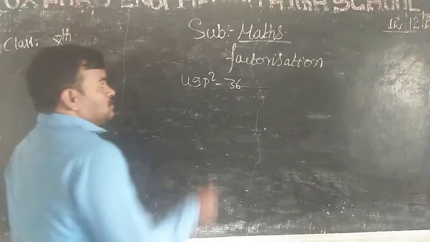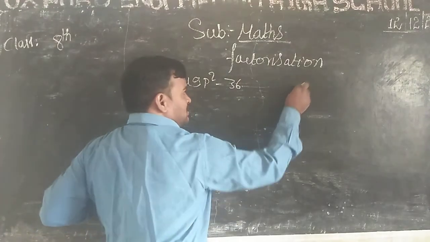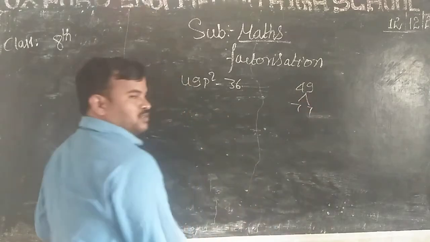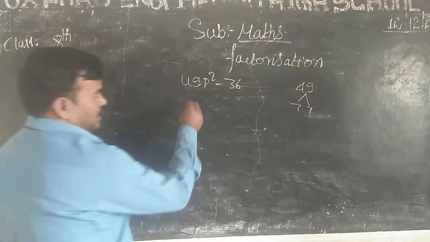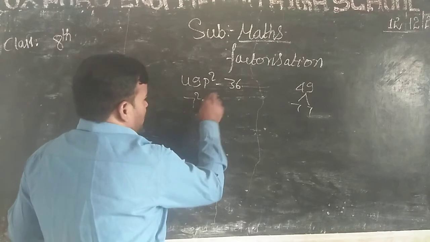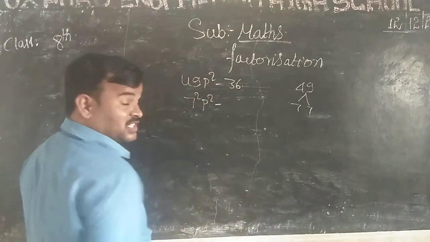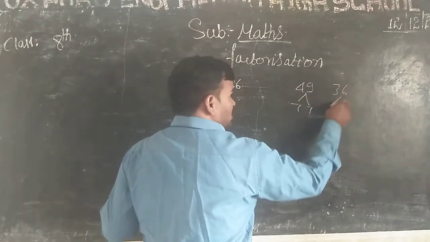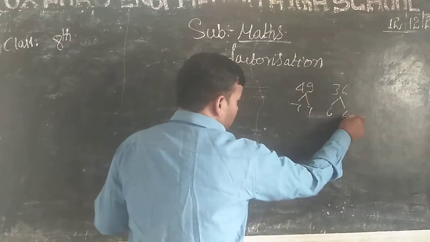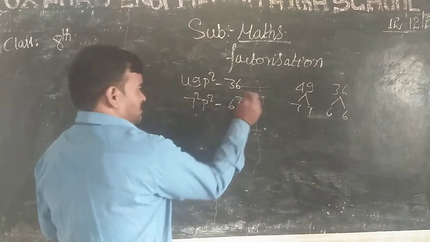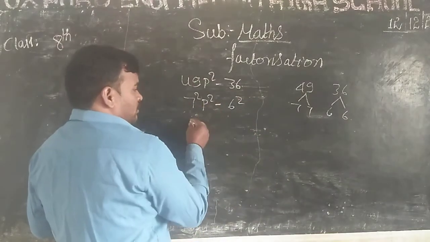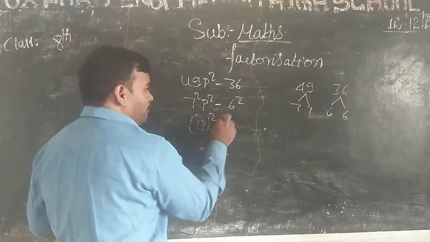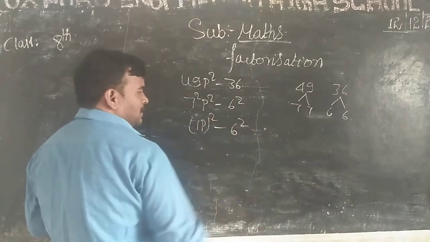What are the factors of 49? 7 into 7 means 7 square. 7 square p square minus 36. Factors of 36: 6 sixes are 36, means 6 square.